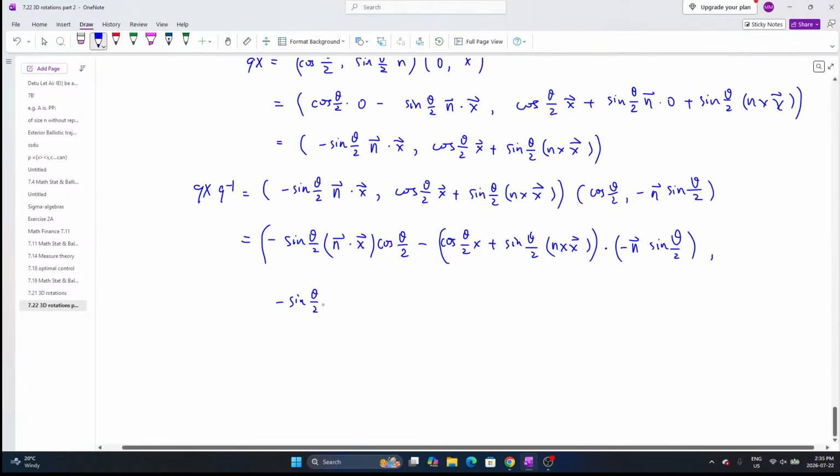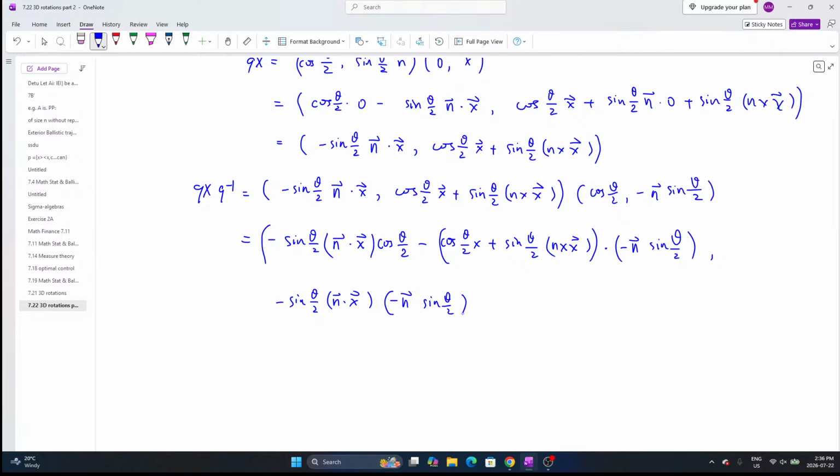And the vector part is sine half theta n dot x times the second vector, which is minus n sine half theta, plus the second scalar, which is cosine half theta, times the second vector, which is cosine half theta x plus sine of theta over 2 n cross x. It's a drudgery, I know.